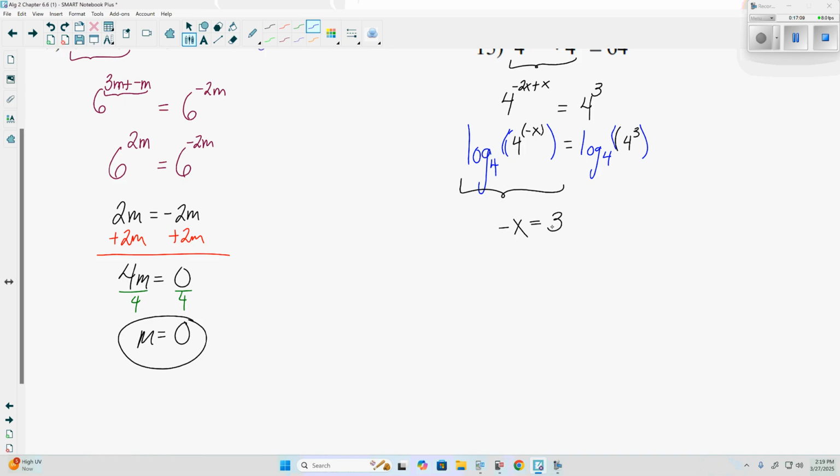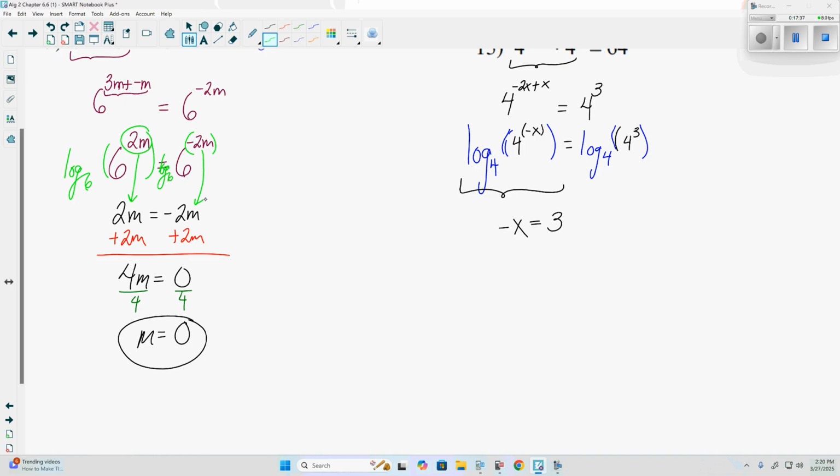Because if those bases are the same, like the previous one, I can apply log base 6 to both sides. And here, the log base 6 of 6 to the 2m is just going to become 2m. Log base 6 of 6 to the negative 2m is going to become negative 2m because log base 6 of 6 is 1.